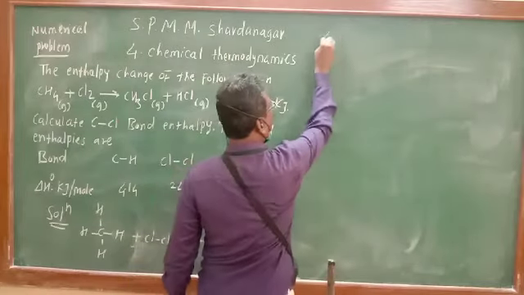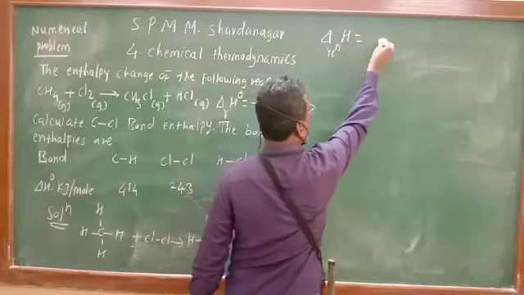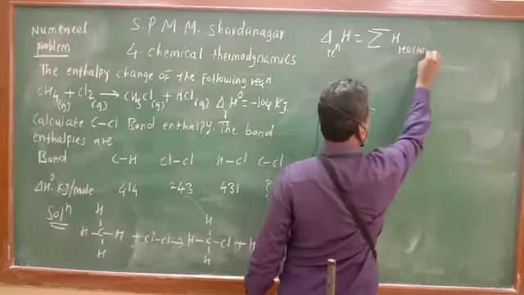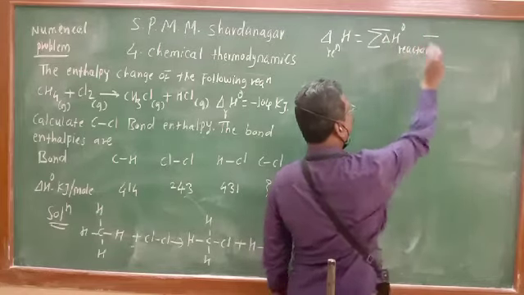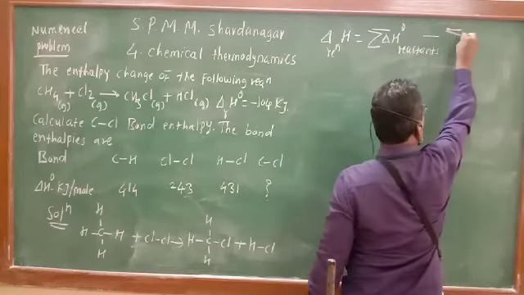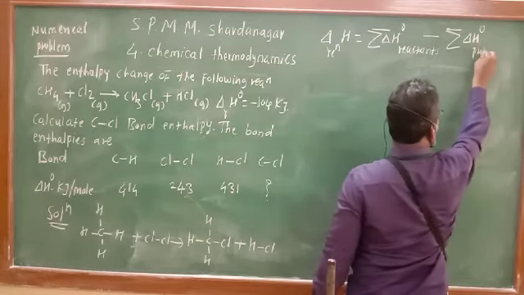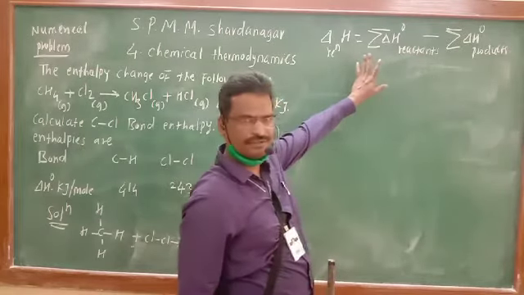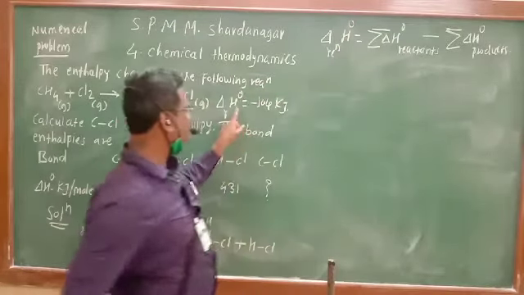So from this we have the equation: delta H of reaction will be equal to summation of enthalpy change of reactants under standard conditions, minus summation of enthalpy change under standard conditions of products. This formula we have studied. Now just substitute the values. Delta H of reaction under standard conditions is given.